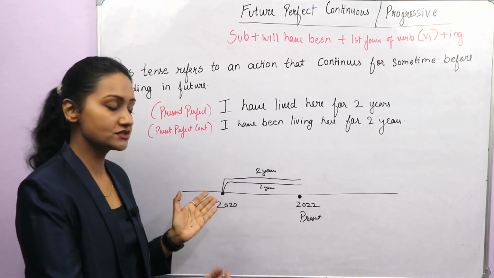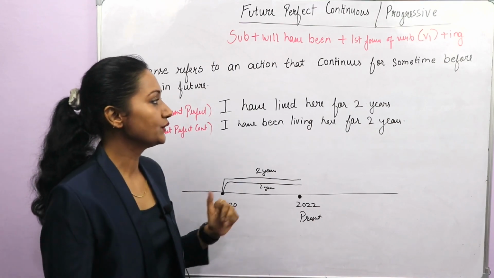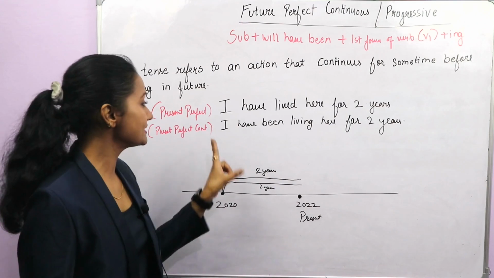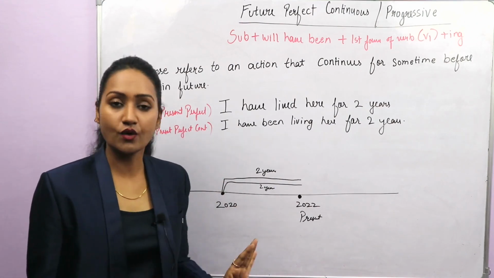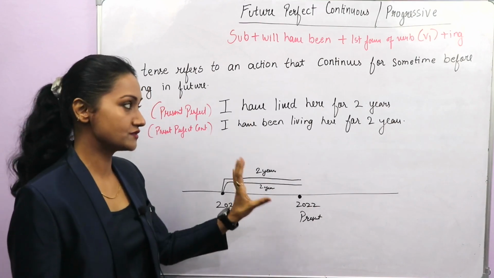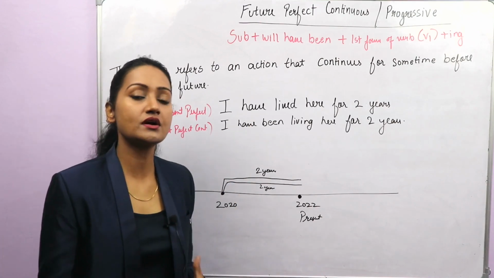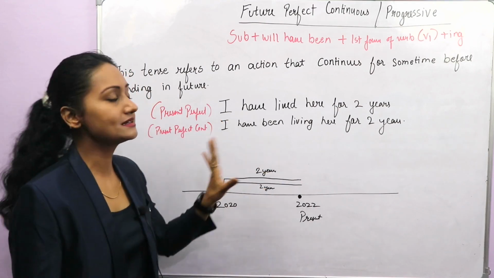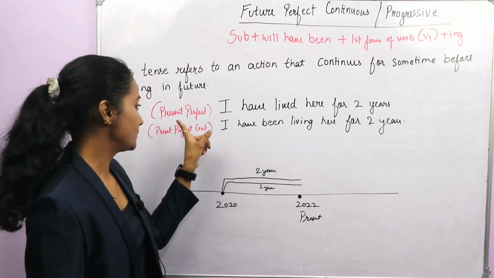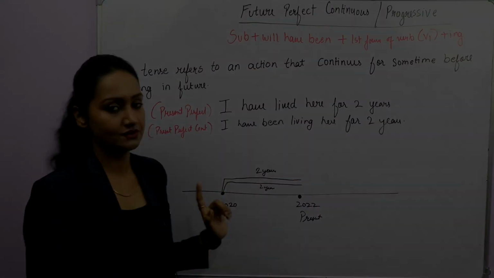Again the same situation what we just have understood, okay? So I'm not saying that present perfect and present perfect continuous are same, not at all. But in this situation, when you're talking about a duration, in this situation only, the meaning is same. You can use perfect or perfect continuous.